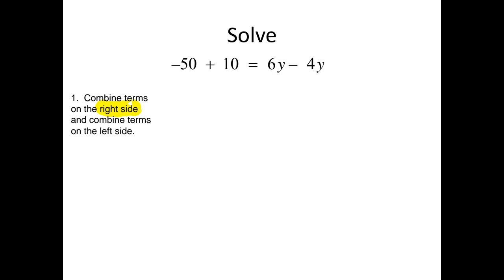A negative 50 and a positive 10 is going to give me a negative 40. Oop, that's the left side. Oop. How about if I do this? I'm going to fix it.